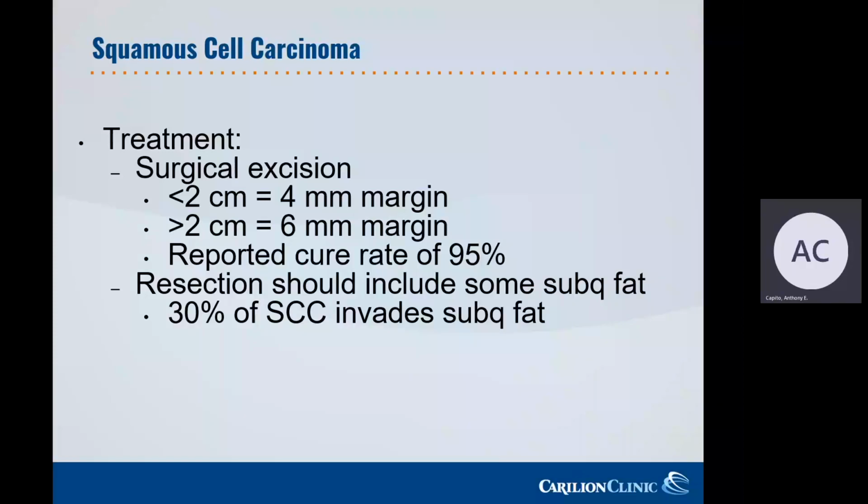And then you should include some of the subcutaneous fat. Like I said, I go mid subcutaneous tissue level, as 30% will invade this deeper layer. And always with the squamous cells, if I do feel like it's penetrating the subcutaneous tissue, I would send a separate specimen as true deep margin after you resect the cancer and you have healthy adipose tissue. I will include some of that to ensure that I have a clear margin on the deep surface.